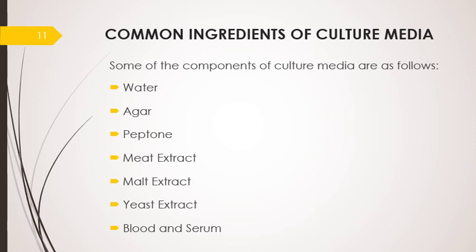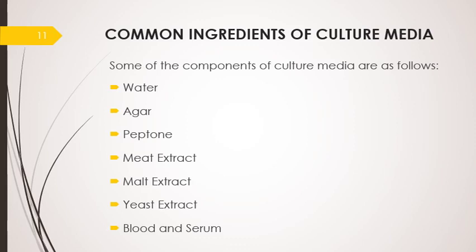So here we have water, which is used as a source of hydrogen and oxygen. Then we use agar, that is a solidifying agent. Then we use peptone, and basically peptone is a mixture of partially digested protein. And we use meat extract in culture media.